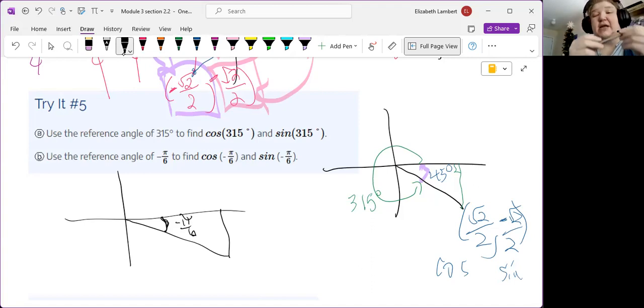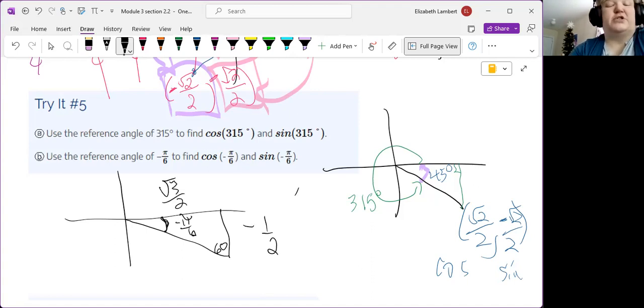So if I started at the diagonal line and measured it up so it was positive, then it would be positive pi over 6. So either way, this is our 30-degree side. So this one up here is the 60. So on the right, we're going to go down negative 1/2 units. And we will go right positive square root of 3 over 2. So here's our cosine, here's our sine.